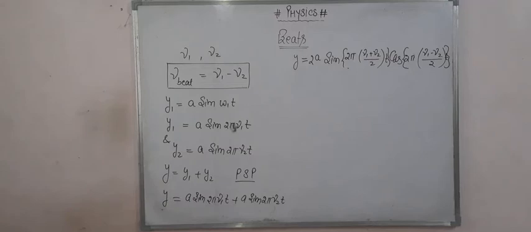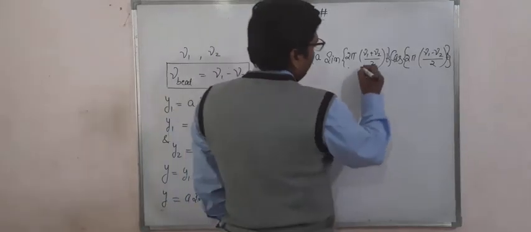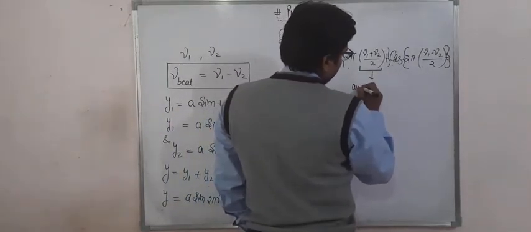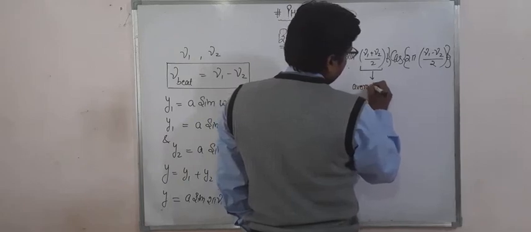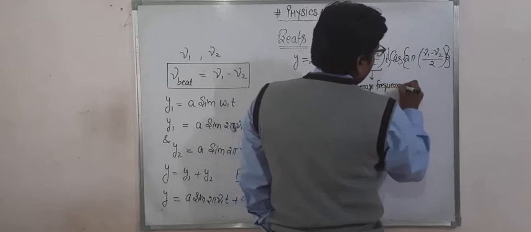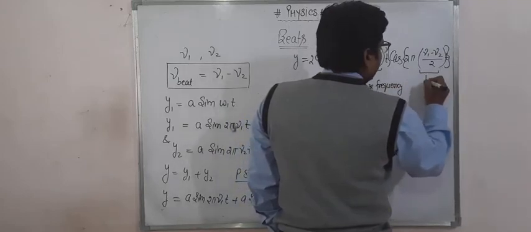So you can see, my dear, very simply, the nu1 minus nu2 term is called the modulated frequency, and the nu1 plus nu2 term is called the average frequency. So I am writing here, this is the average frequency and this is the modulated frequency.